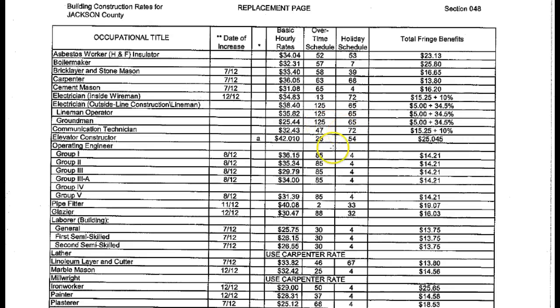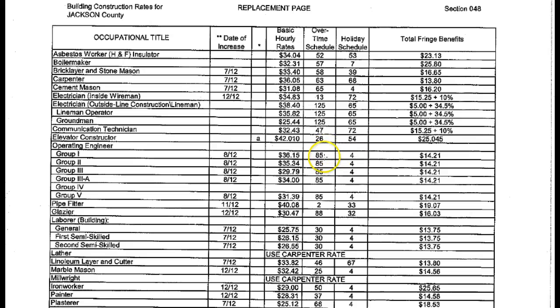So for each of the, if you notice, there are numbers after each of these groups. For example, our cement mason is an overtime schedule 65 and a holiday schedule 4, as opposed to, see, the operating engineer. We looked at the group 1 operating engineer a second ago. Those were the asphalt paver operators. They have an overtime schedule of 85 and a holiday schedule again of 4.